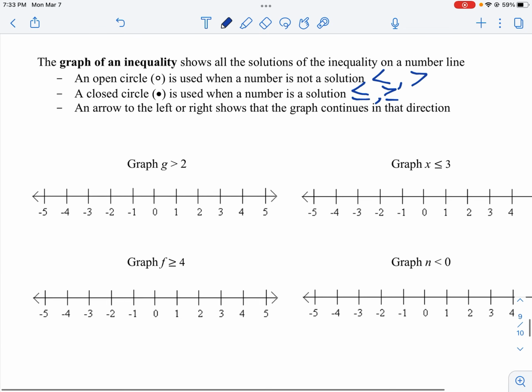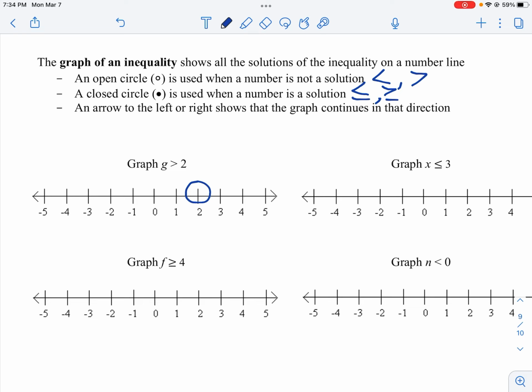Okay? So in this first one, g is greater than 2. First thing, we're going to graph it on 2 right here. We have to figure out, is it an open or is it a closed circle? So because it doesn't have the line underneath, it's going to be an open circle. Okay, so I'm going to do an open circle right there. And then I have to figure out, is my arrow going to go to the right or the left?